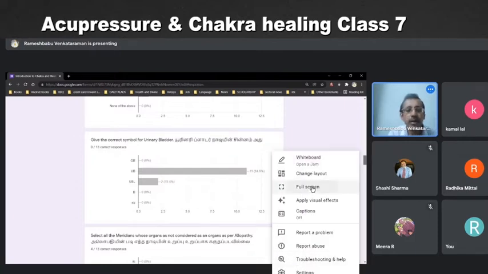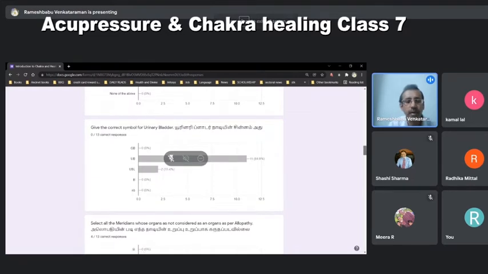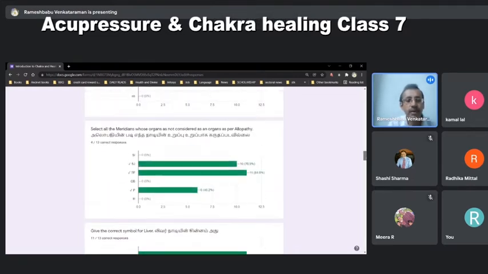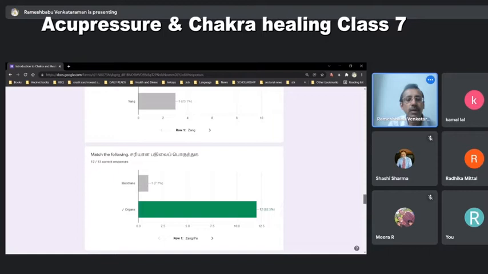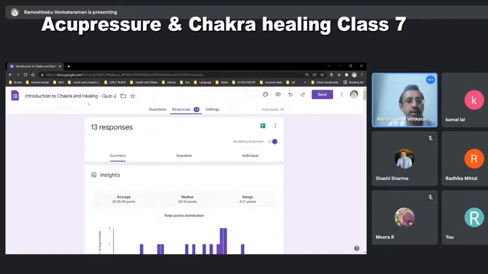Urinary bladder, I think there is a mistake here. I think I have not given the correct one. Sorry, I think I'm looking at quiz 2, right? One second.